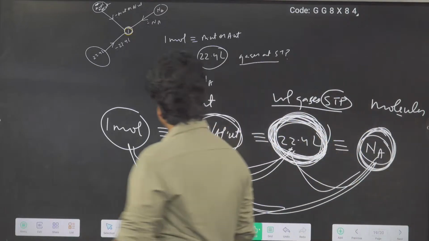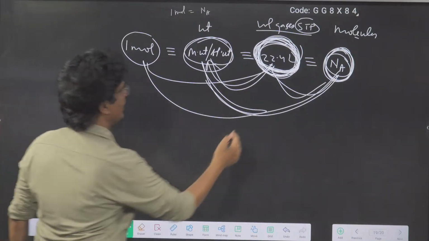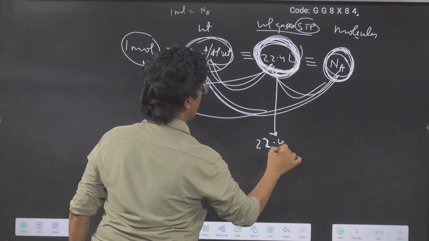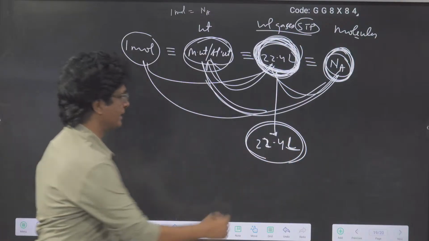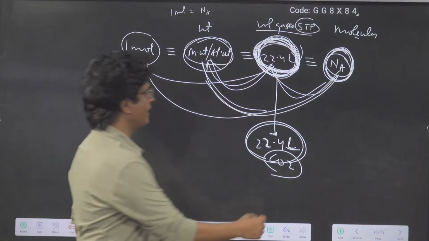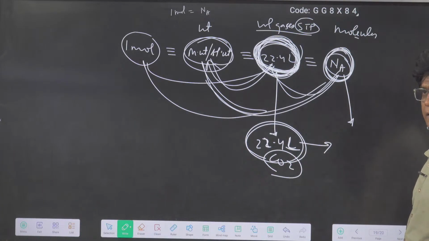So if that is clear, let me know that if I take 22.4 liter of a gas, say the gas is CO2, how many molecules have I taken? I have taken 22.4 liter of CO2.